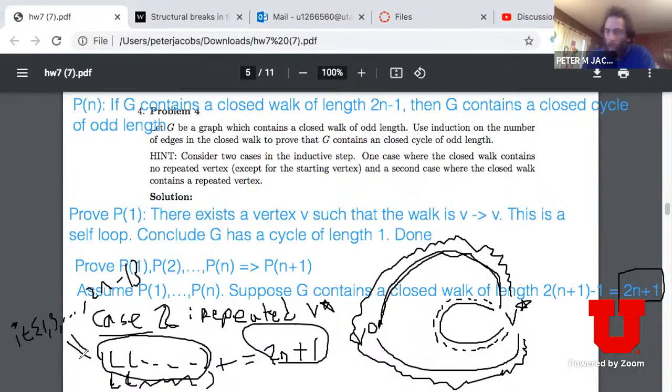This is a closed walk of odd length, and so we're using P of i now. So by P of i, that was up here. This is where we have to assume P1 through Pn and not just Pn, because the length i is not necessarily 2n minus 1. It could be smaller than that. So that's why we have to assume the Pi for i smaller than n. And Pi gives us that we have a closed cycle of odd length.